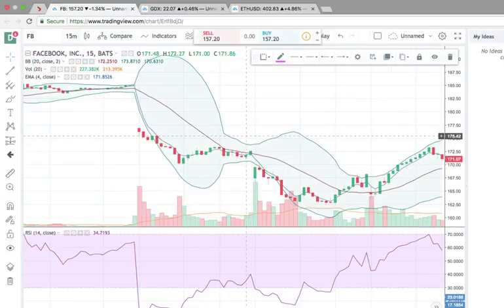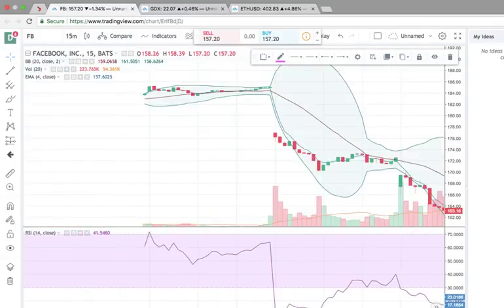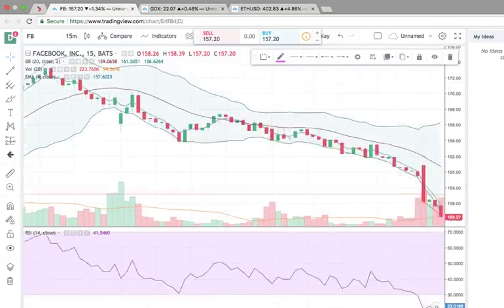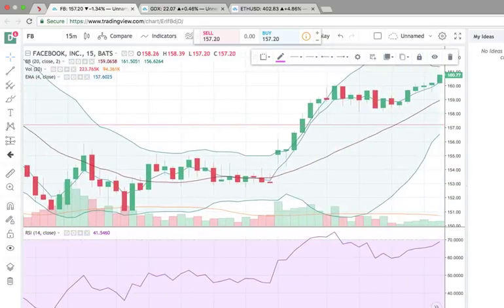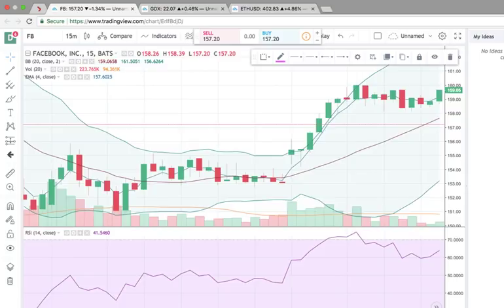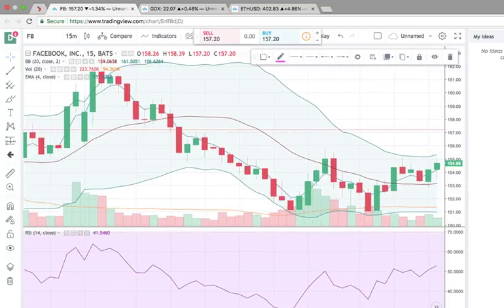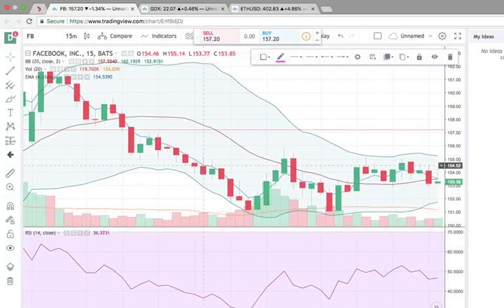So let's see if we can find that. So we should be in around here. Okay. So again, 15-minute got oversold. These are not with extended hours, so it's going to be a little different. And there's my target. Targets are usually whatever time frame, middle Bollinger Band. So you can see we got up to there, and then eventually we did end up pulling back.